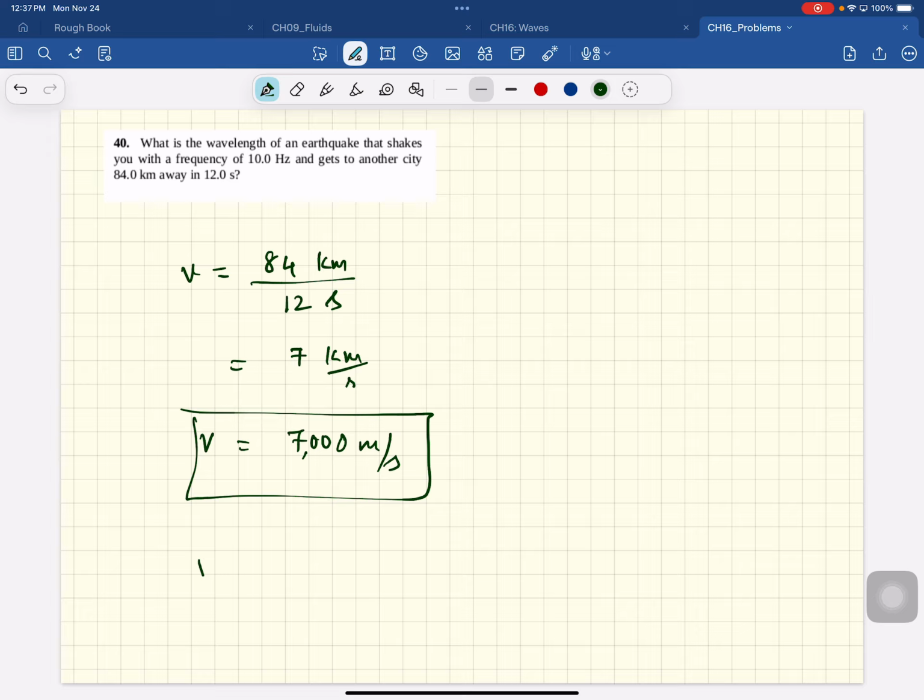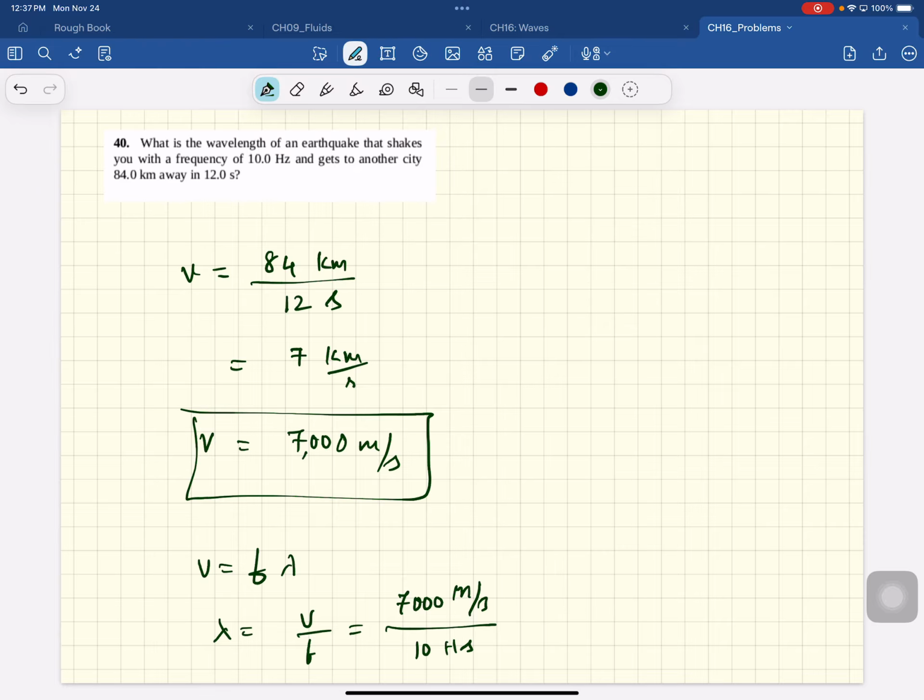And speed is frequency times wavelength. So the wavelength of the wave is v divided by frequency. It's 7,000 meters per second divided by 10 hertz.